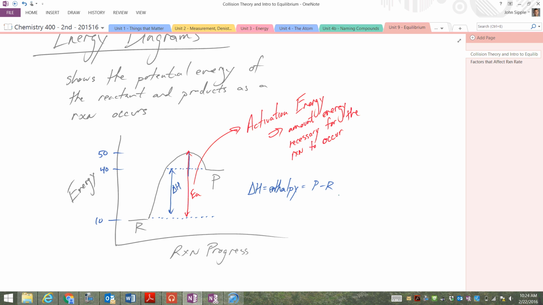Enthalpy is just telling you we're measuring things as a reaction goes from reactants to products, because that's not a direct line. You just don't have products and then reactants. I'm going to talk about this in just a second.